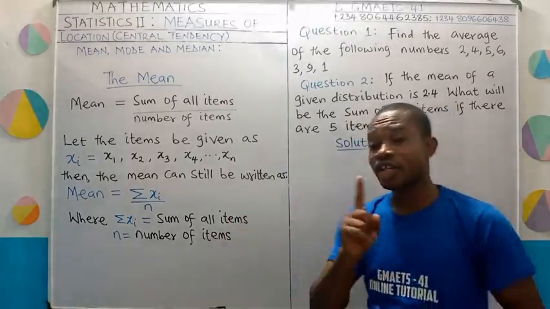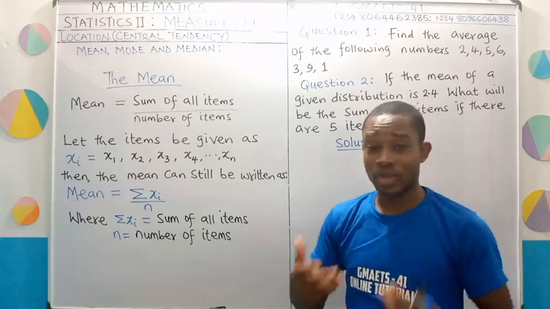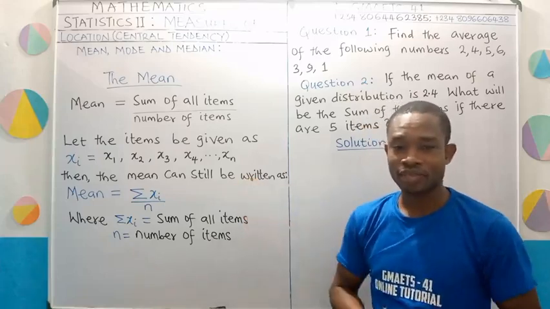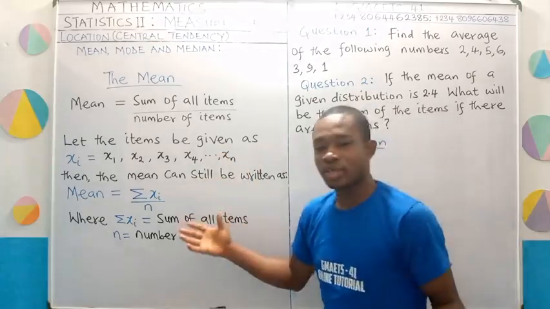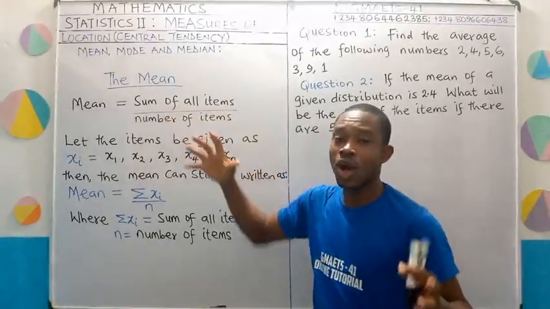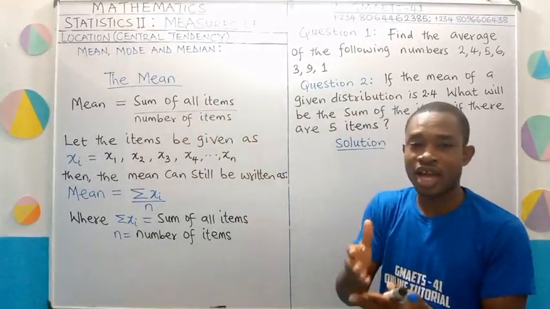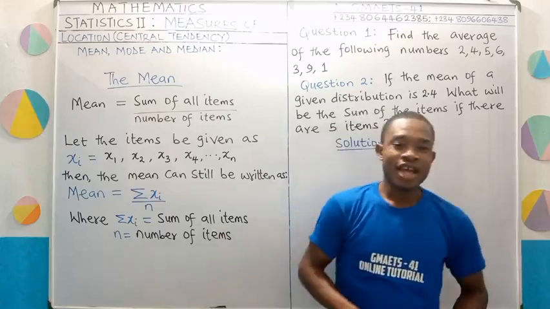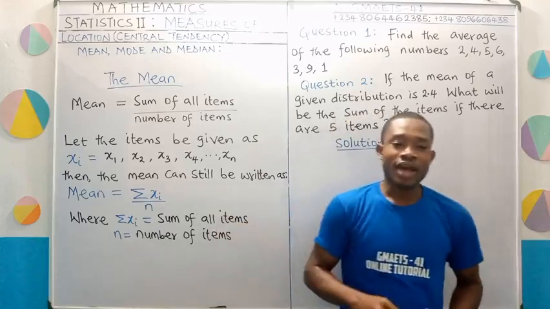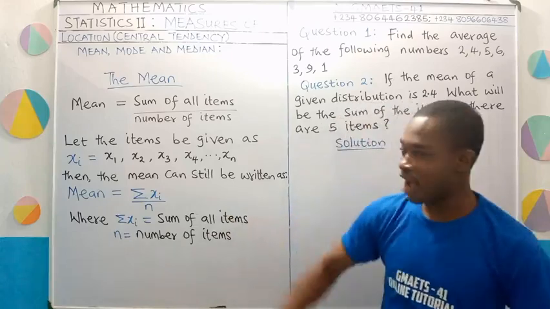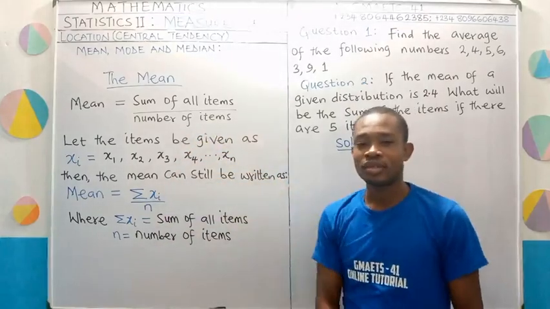Once you hear average, division should come to your mind. So if we are given a particular data, all we need to do is to sum, which means to add all the items in that data, all the items in the observation, and then divide by the number of observations, that is the number of items we have.